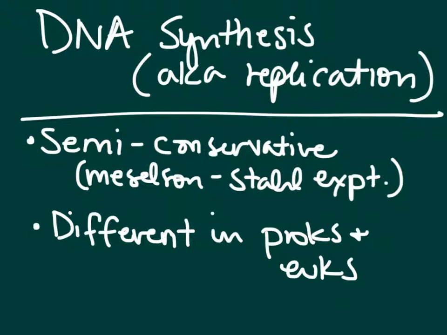That's what this model is. And I'll show you guys a video of the experiment that we learned this from. It's called the Meselson-Stahl experiment, named for the scientists who did it. You'll notice when we watch the video, it was done in bacteria. This is not something you're going to do in people, and the reason why will become abundantly obvious when I show you the video. So, the Meselson-Stahl experiment. There is indeed a difference between the way prokaryotes and eukaryotes do this.